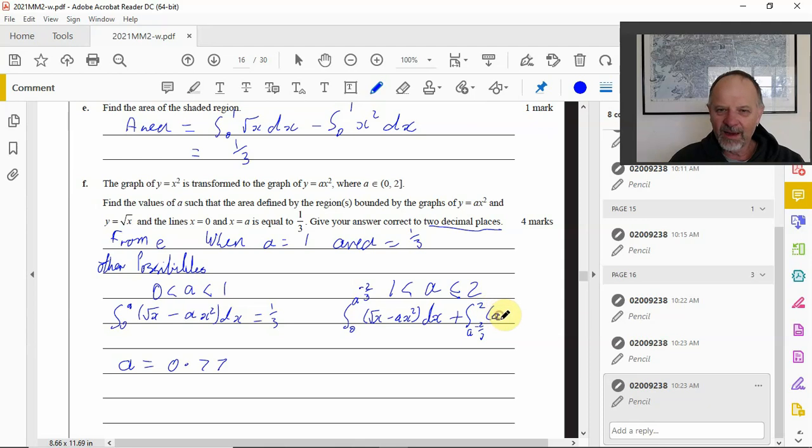And that's when our ax squared is on top, minus root x dx. And then that of course is equal to 1/3. And we get our calculator again to solve that. And when we get our calculator to solve that, you get 1.13.